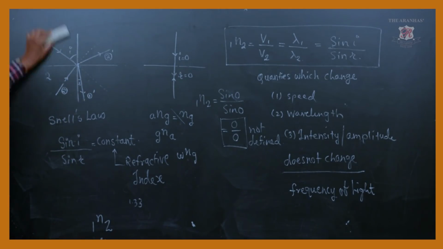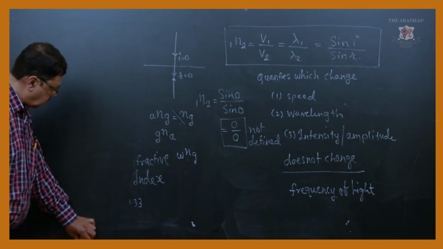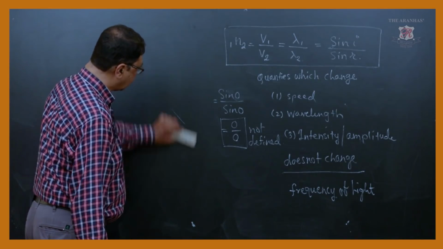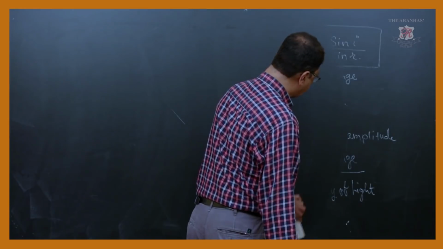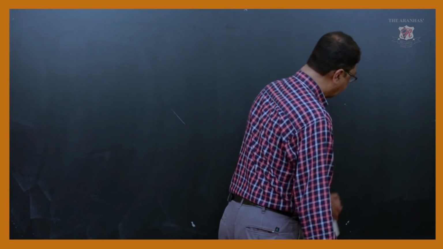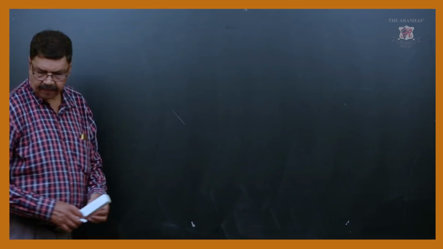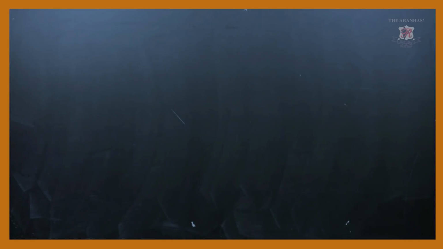So after this, I will solve 2 or 3 numericals first and then we will go to the later part of the chapter. Okay, before that, to find an easier way, I will do one thing.